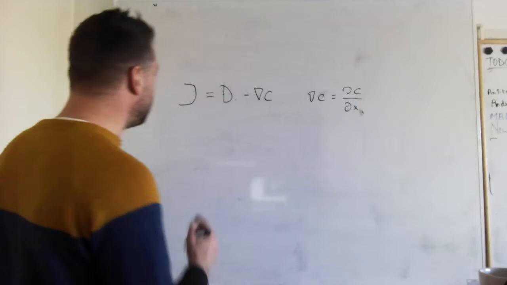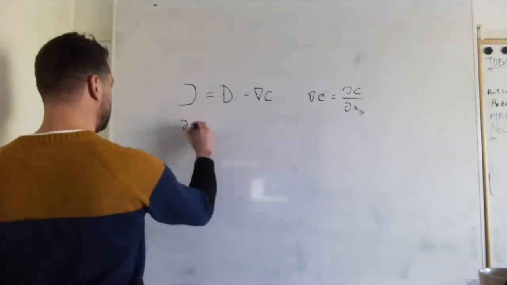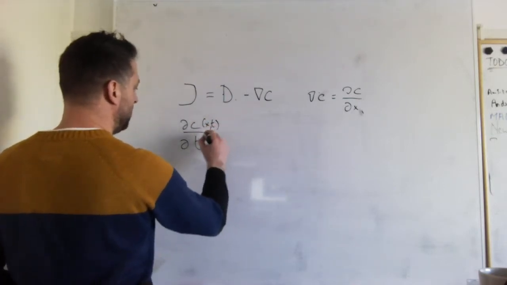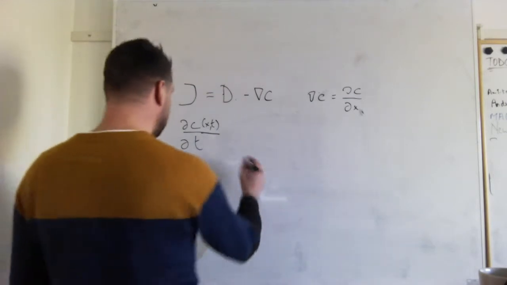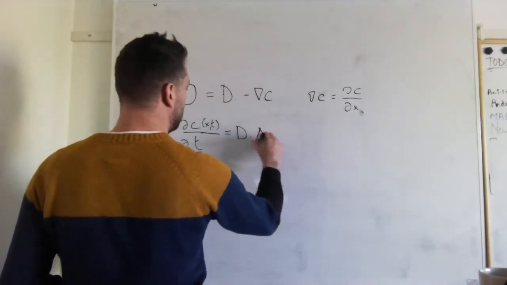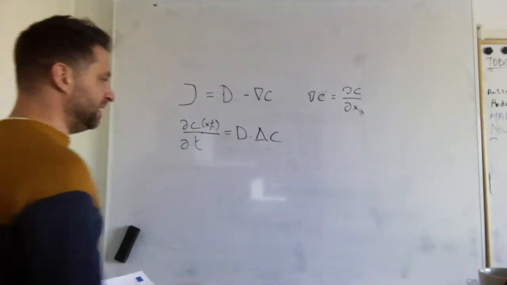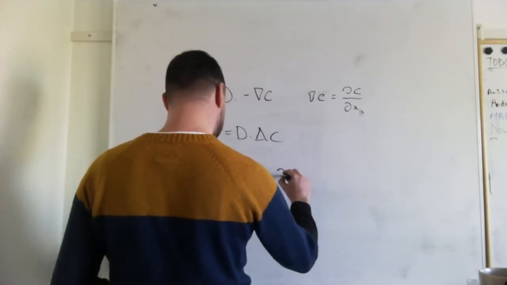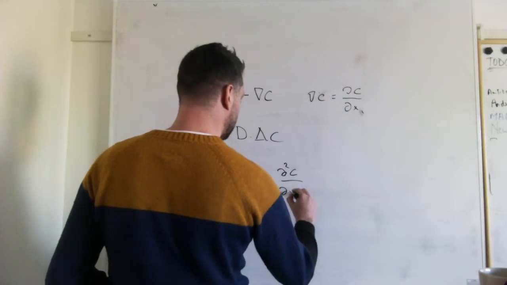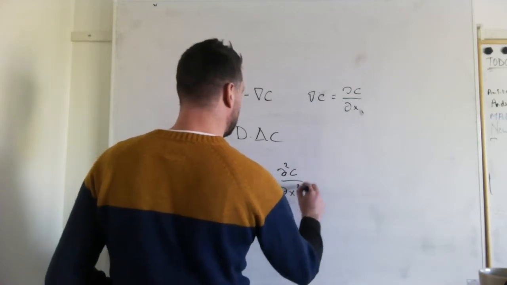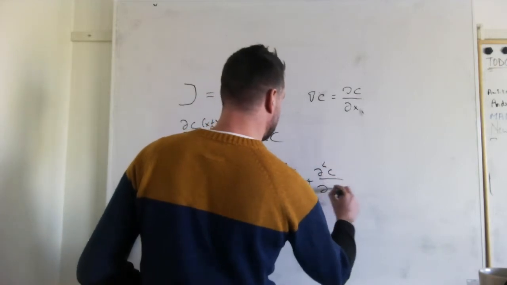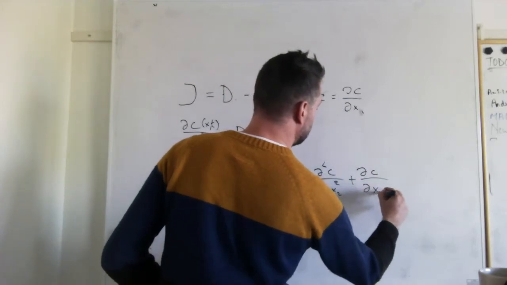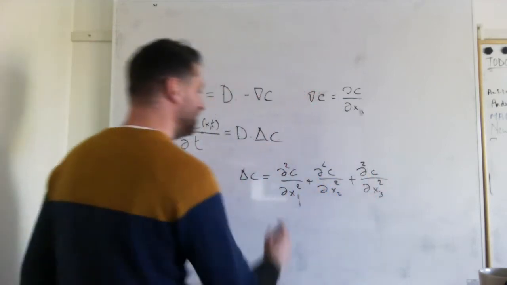Law of Fick. The second law of Fick tells that the change of concentration with time, and C is always a function of space and time, the partial derivative of the concentration with respect to time, must equal diffusivity times the Laplace operator of the concentration, where ∇²C is equal to ∂²C/∂x1² plus ∂²C/∂x2² plus ∂²C/∂x3², the second partial derivatives in the three directions.